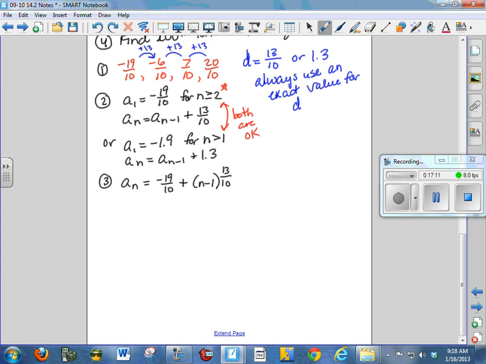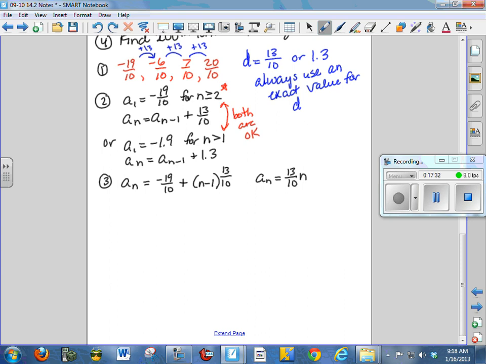We could also simplify this a bit and put it into a function rule. We could say, okay, well, I know that my slope is 13 tenths, so I could say a sub n is equal to 13 tenths n, and then how do I find my y-intercept?